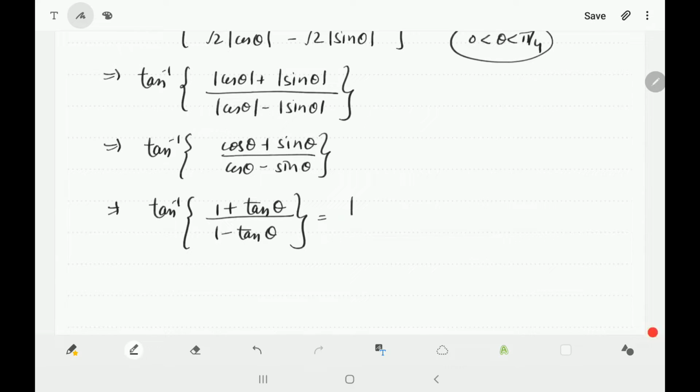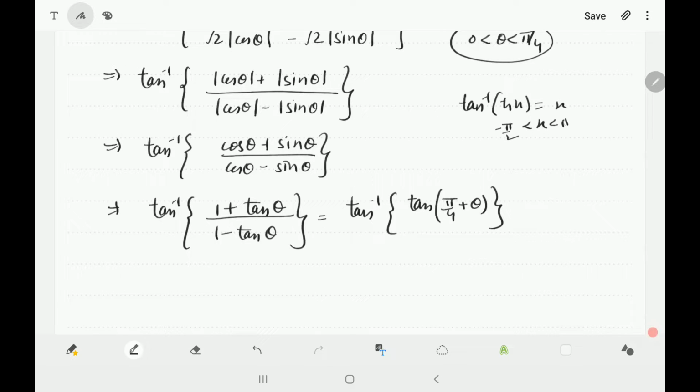Okay, so this term will become tan inverse of tan of pi by 4 plus theta, because tan of pi by 4 plus theta has this formula. Now you already know this thing, that tan inverse of tan x opens up as x if x is from minus pi by 2 to pi by 2, which is the principal value branch of tan inverse x.